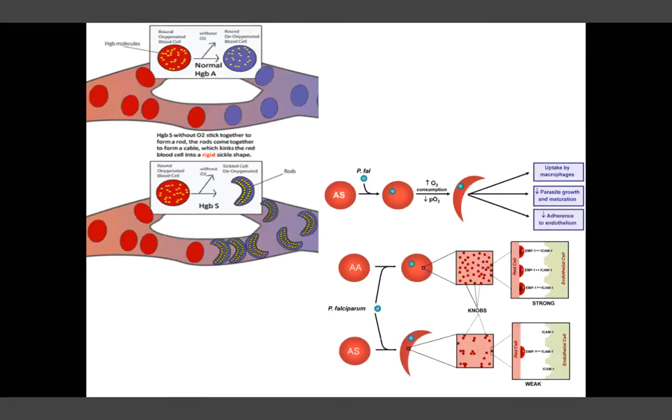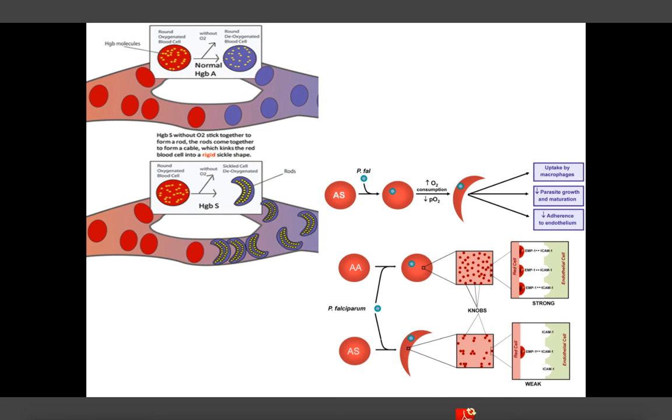The increased consumption of oxygen by the plasmodium causes the red blood cell to sickle, causing a weak bonding affinity. This weak bonding affinity allows for it to be more easily uptaken by the macrophages free-floating within your blood. As a result, the individual is able to maintain normal bodily functions due to the normal hemoglobin, while decreasing the malarial infection due to the sickled hemoglobin being eliminated faster by the body.